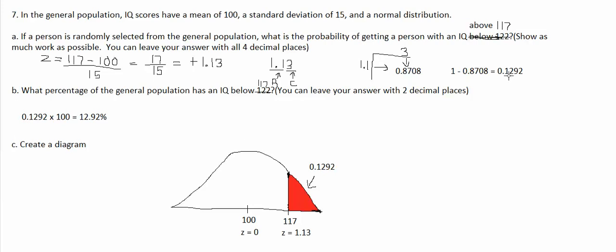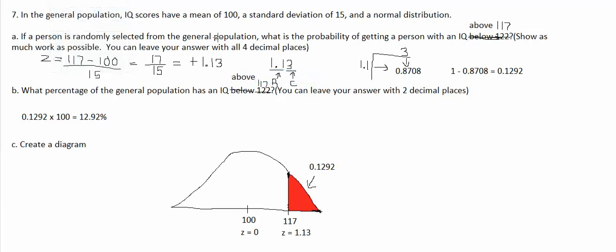So it's 0.1292. Then if you want the percentage of the general population above 117, you would just take this answer and multiply by 100, and you would get 12.92%.